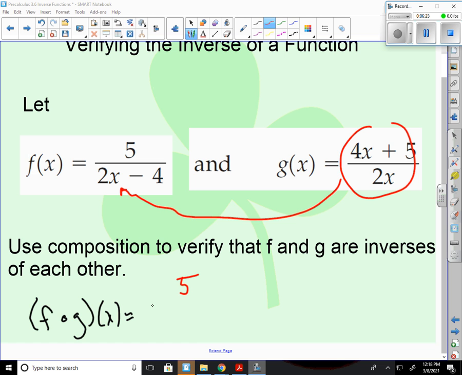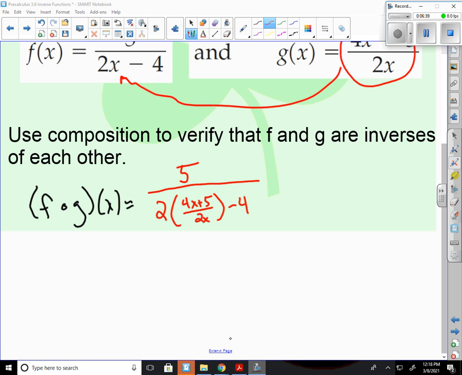That gives me 5 over 2 times 4x plus 5 over 2x minus 4. Oh, dear.